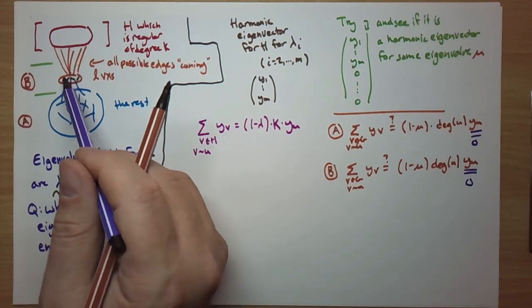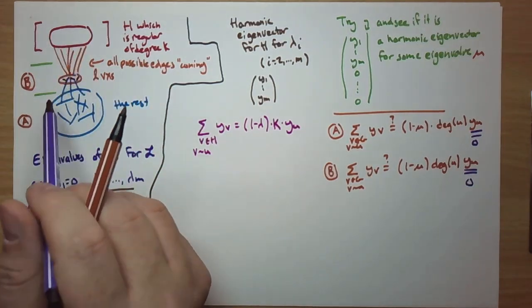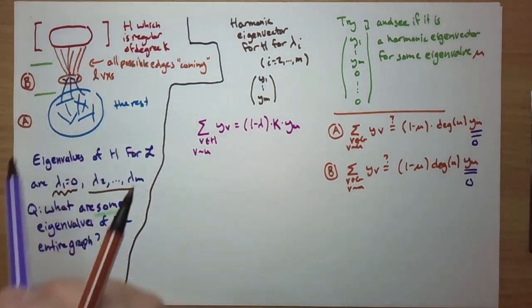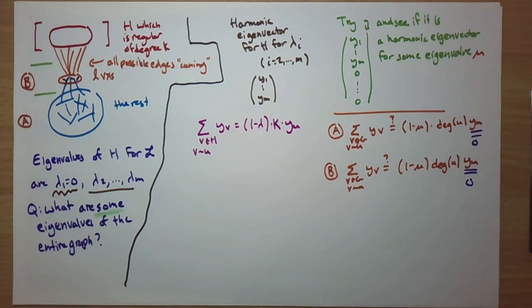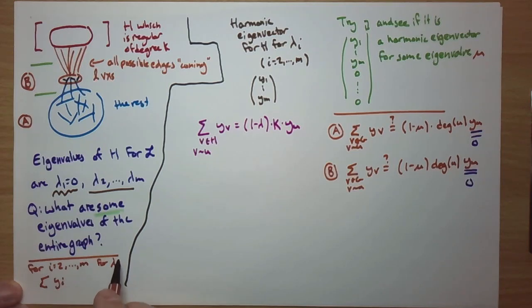Certainly, we don't care about the adjacencies not in H, but if you're in the middle layer, you're adjacent to everything in H. So now we pause and say, we'll do it here in the corner, for i equals 2 up to m, what can we say about the sum of our yi's? And why is that? There is a reason why.